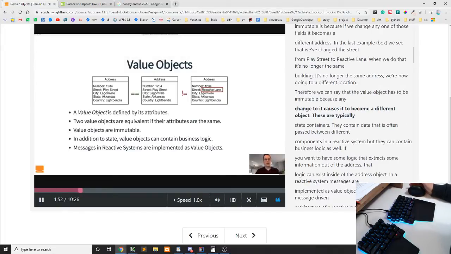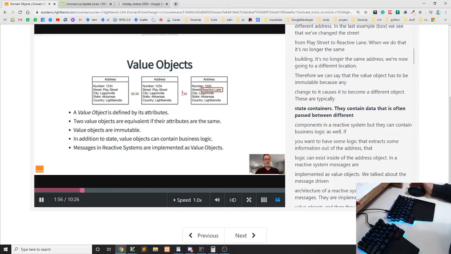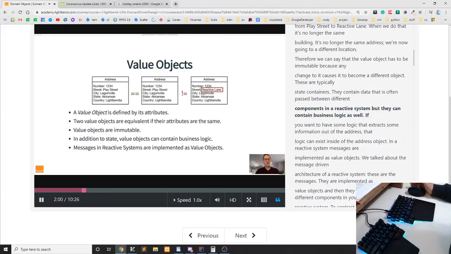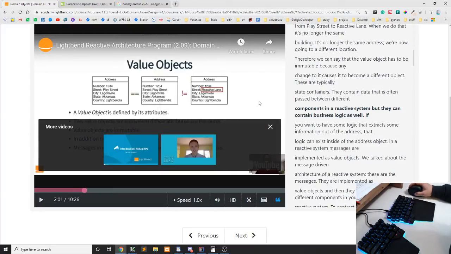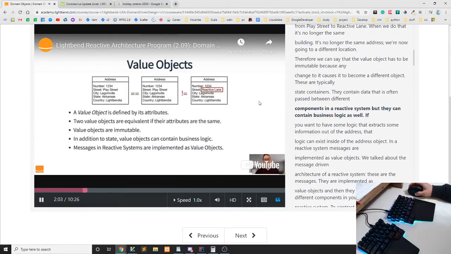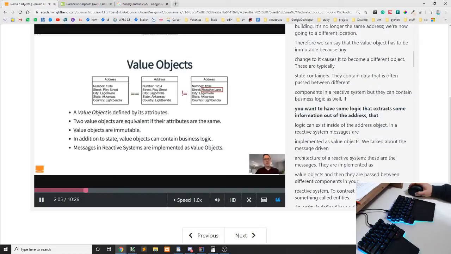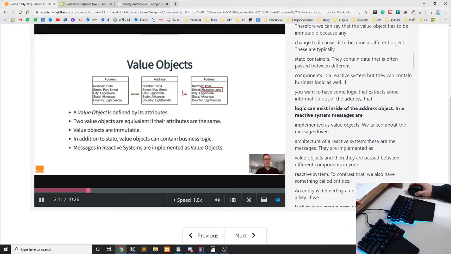Now, these are typically state containers. They contain data that is often passed between different components in a reactive system. They can contain business logic as well. So if you want some logic that extracts some information out of the address, that logic can exist inside of the address object.